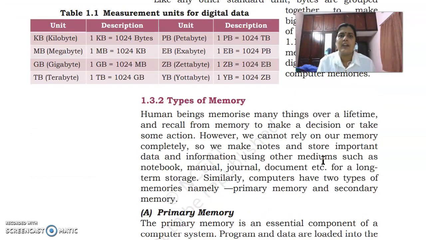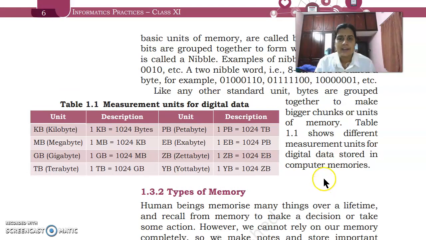What is a 2-nibble word? 1 nibble means 4 bits. Then 2-nibble word means 8 bits. It is known as byte. So 8 bits forms a byte. We all heard this byte in our mobile data transmission. We always use megabyte, gigabyte, like that.